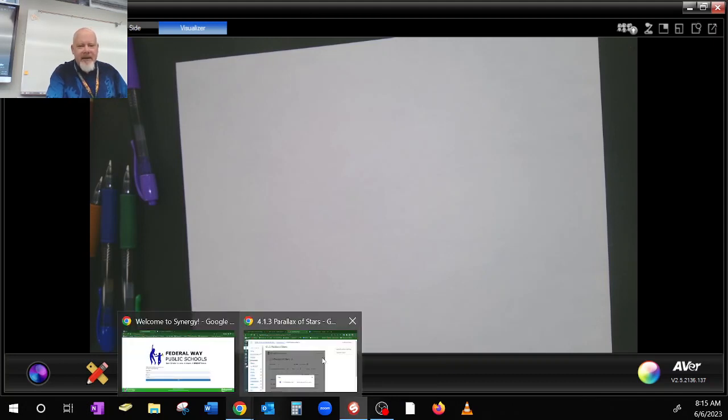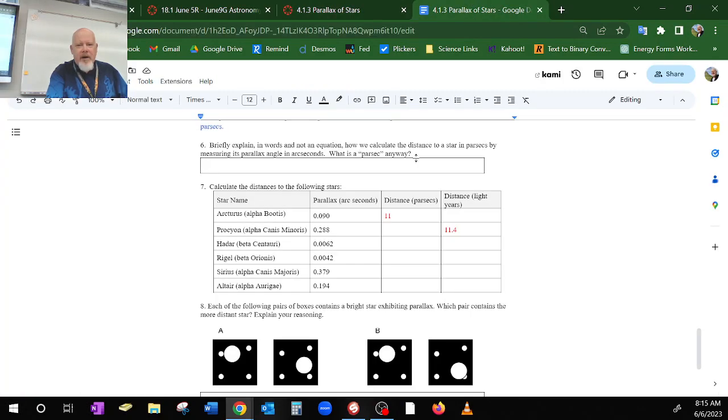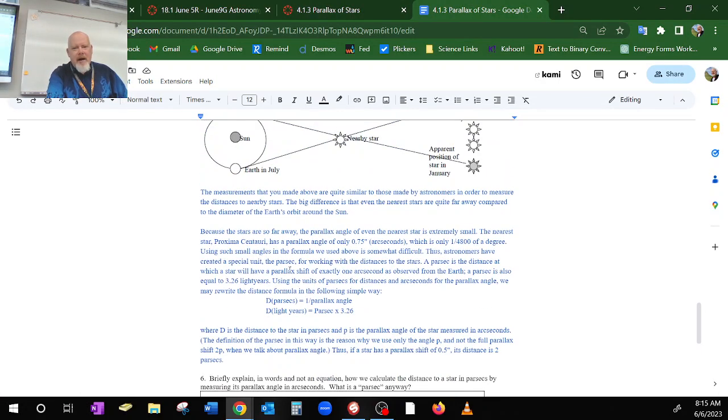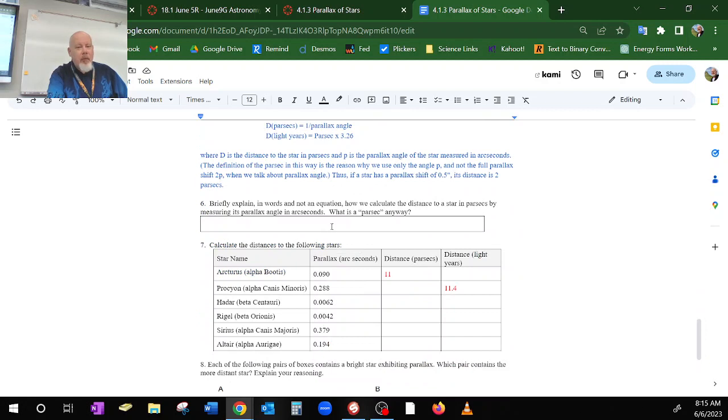But what does it have to do with your lab? The last thing I need to tell you guys, good news is we've got through all the hardest stuff. If you look at it right here in the lab, this goes through and briefly explains everything I showed you guys today. What I want you to do for number 6 is just briefly explain what a parsec is in your own words. And then there it is.